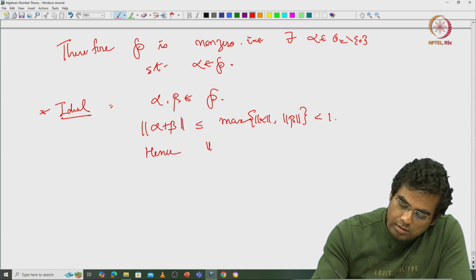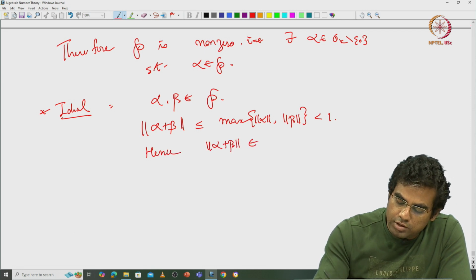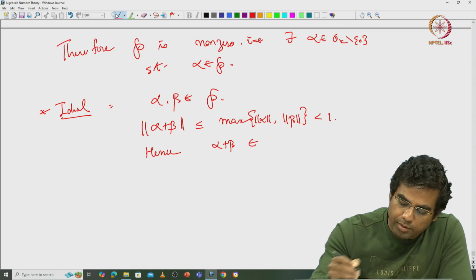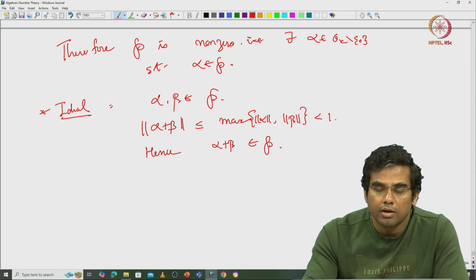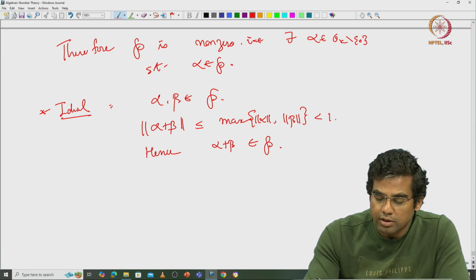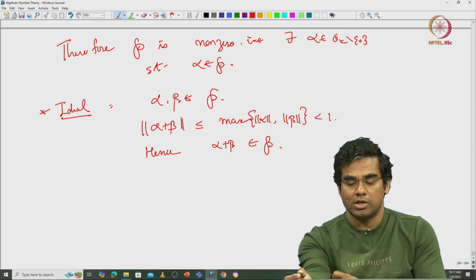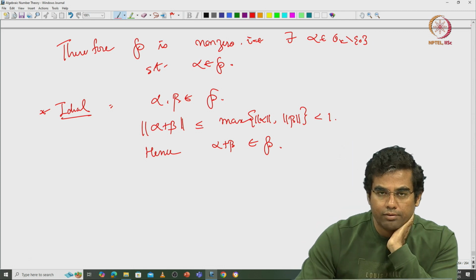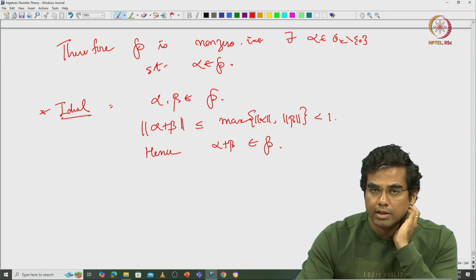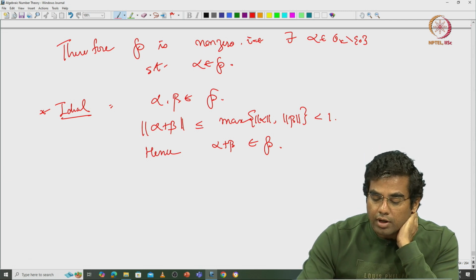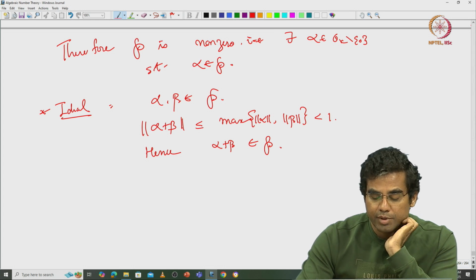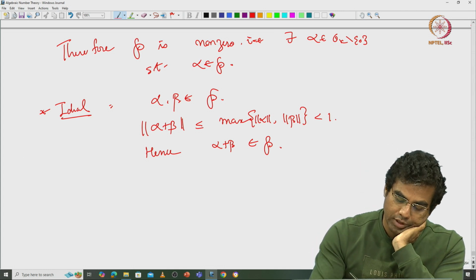Hence, alpha plus beta is also in P, right. So P is an additive group. This is why getting a prime ideal using this inequality works only for a non-Archimedean metric, whenever you have the stronger triangle inequality. If you just have the regular triangle inequality, you will not be able to say that valuation of alpha plus beta is less than 1.